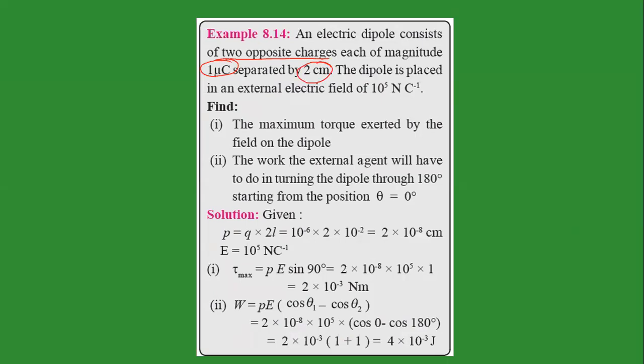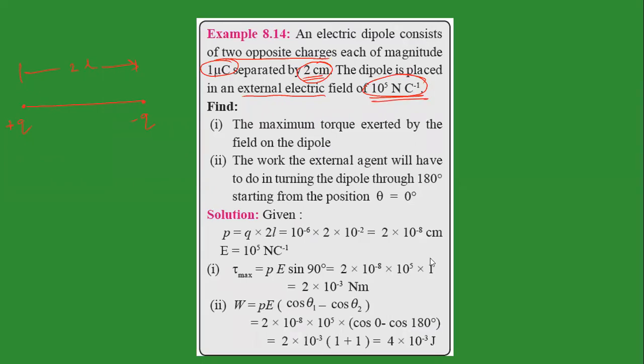This is the distance between the two charges, plus q and minus q, represented by 2L. The dipole is placed in an external electric field of 10 raised to 5 newton per coulomb.